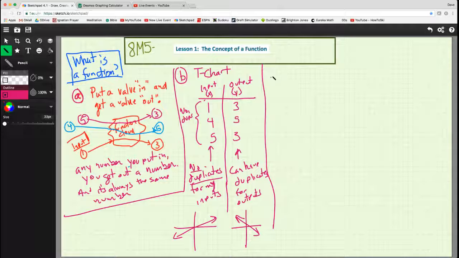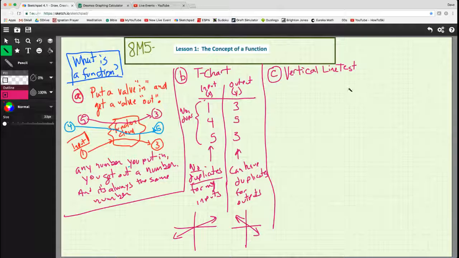Now, the C, this is something where it may not make sense to you yet, but it's basically saying the same thing as A and B. And this is the idea of the vertical line test.